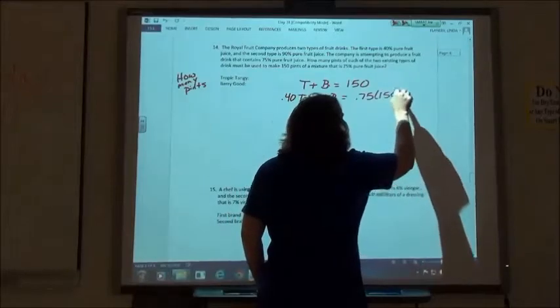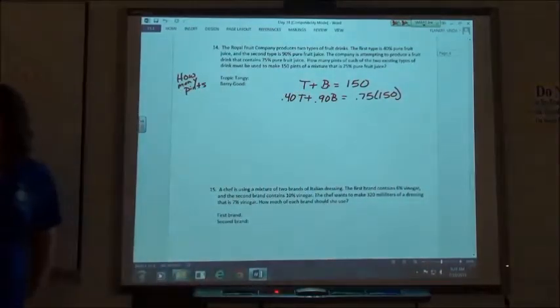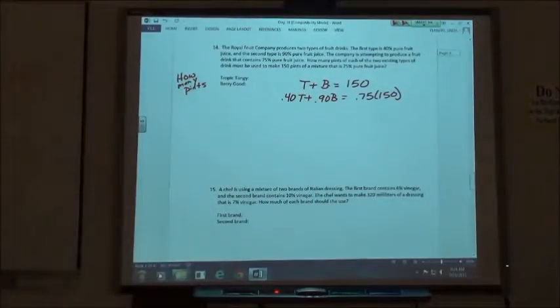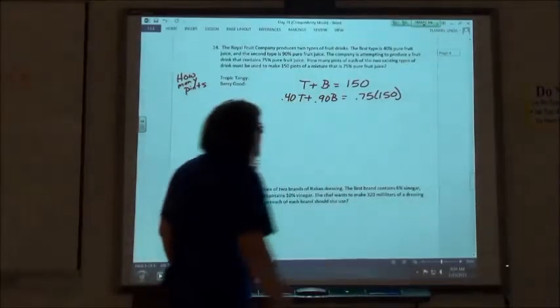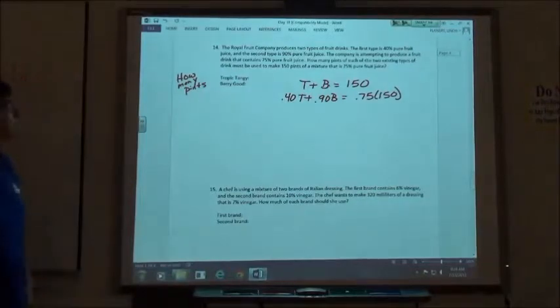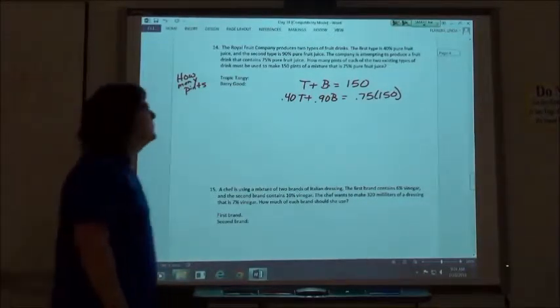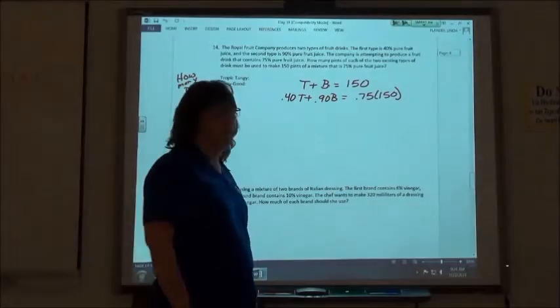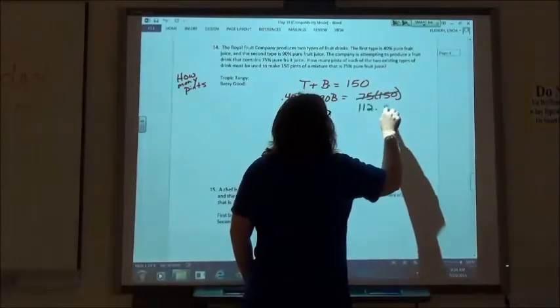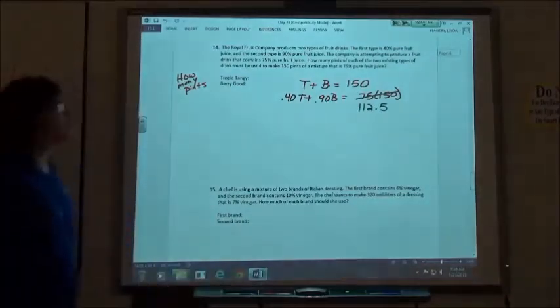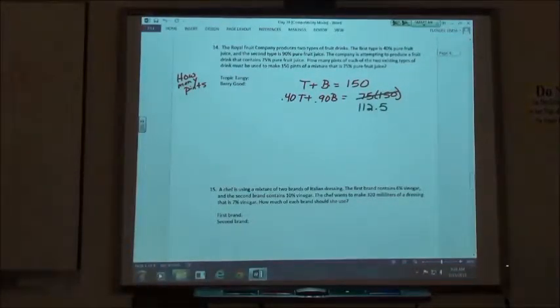Exactly, 75% of my total amount of juice. So if we figure out what is 75% of 150, that's 112.5. 112.5 is how much pure fruit juice we had out of the 150 pints.